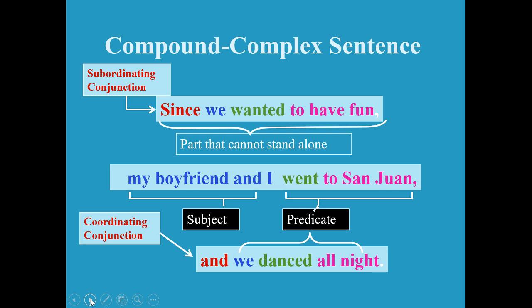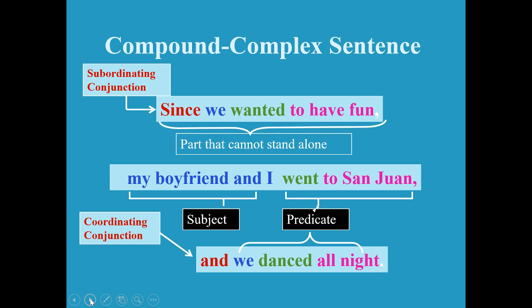The middle part, my boyfriend and I went to San Juan yesterday. The second part, my boyfriend and I went to San Juan, is the independent clause, and the last part, and we danced all night, is also the second independent clause.